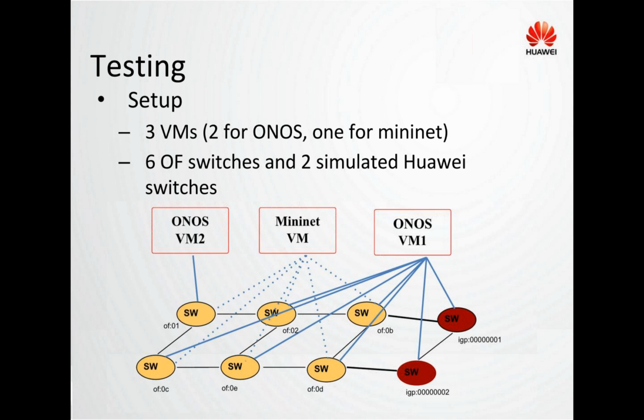Among these switches, we use 6 OpenFlow switches generated by Mininet, and we also use a device to simulate the one-way switch. This simulated switch is much like a real switch. It's maybe not OpenFlow, maybe OpenFlow, whatever. So this is the setup.